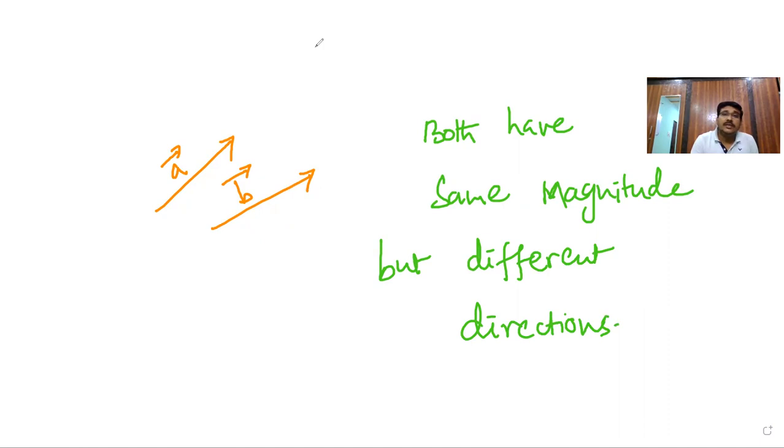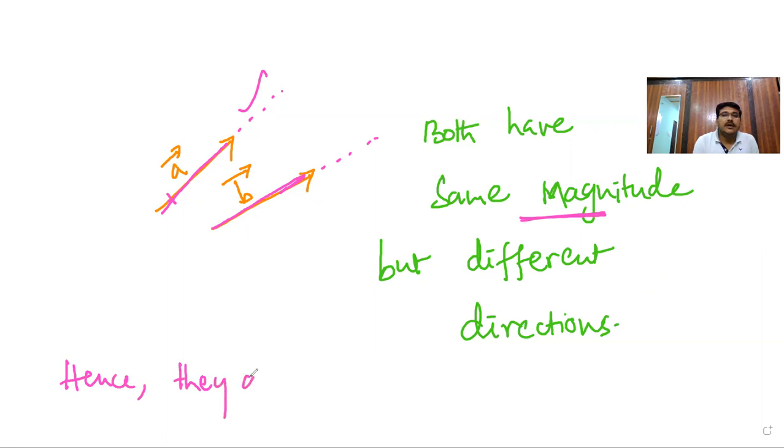So this one has its direction this side, and this one has its direction this side. The length of this vector and this vector may be the same. That's why length stands for the magnitude. Both may have the same magnitude, but the directions are different. Hence, they are called unequal vectors.